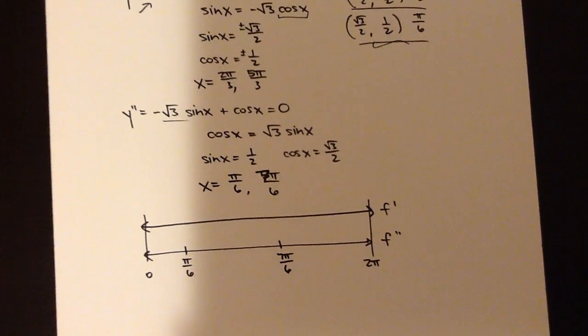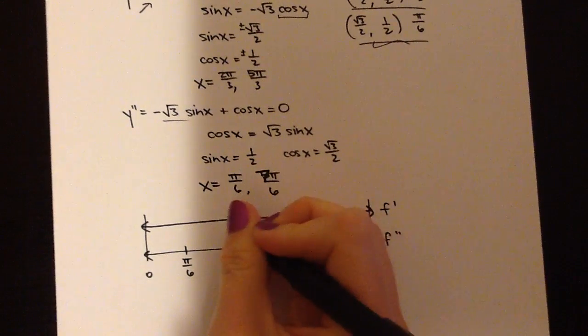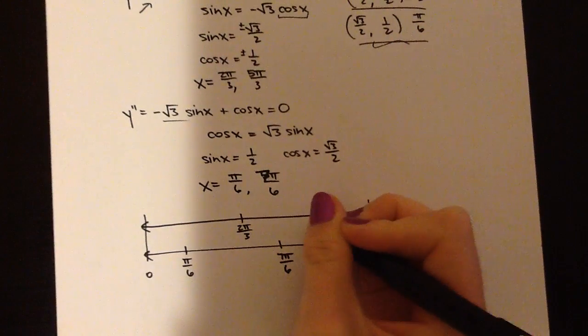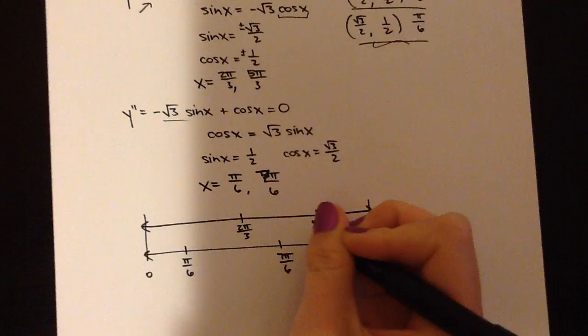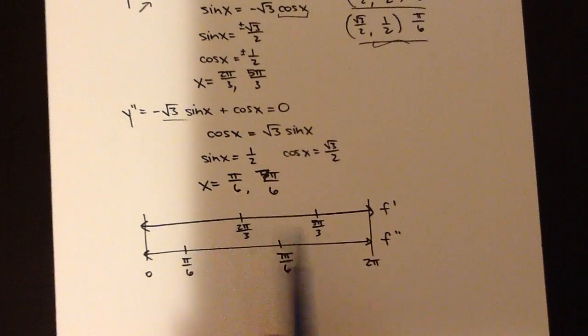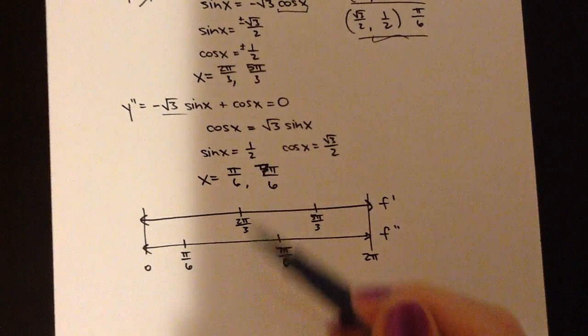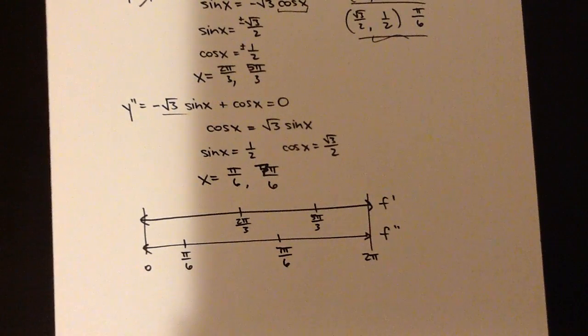We need to know what order they fall in. And then 2 pi over 3 would be right about here, and then 5 pi over 3 right about here. Okay, so I'm going to check just the sign change of f prime, then the sign change of f double prime, and then I'll extend those lines and make one big sign chart.